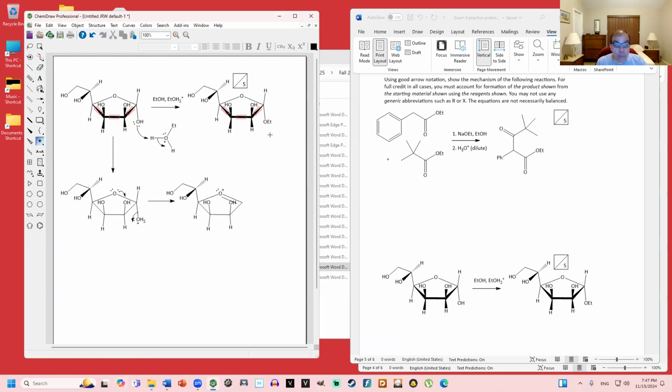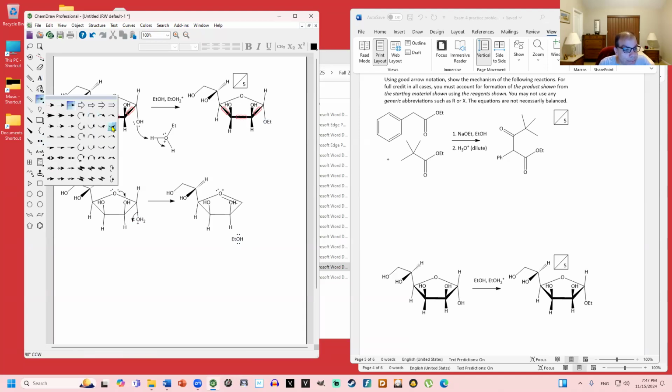And now when I look at what I'm given, I see that my ethoxy group is pointing down. That means that I need to show the ethanol attacking from below. If the ethoxy group were pointing up in the product, then I'd show the ethanol attacking from above. But since it's on the bottom of the ring in the product, I'll show it attacking from below.